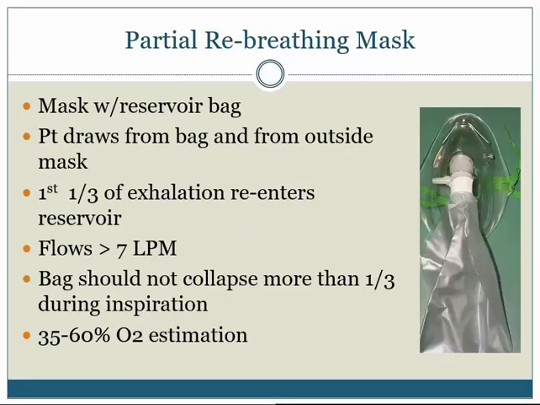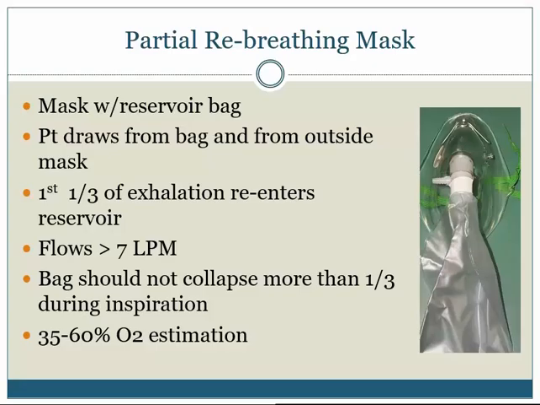Another type of mask would be the partial rebreather. This is very similar to the non-rebreather that we just talked about. It's just you remove these one-way valves. Non-rebreather means that they're not rebreathing any of their own air. The non-rebreather mask was supposed to theoretically deliver 100% FiO2. With the partial rebreather, when we remove these valves, some of the patient's exhalation is allowed to go back into the reservoir bag.